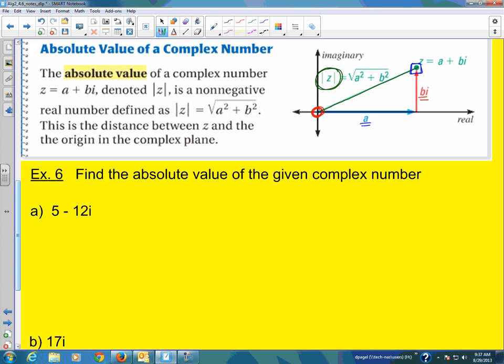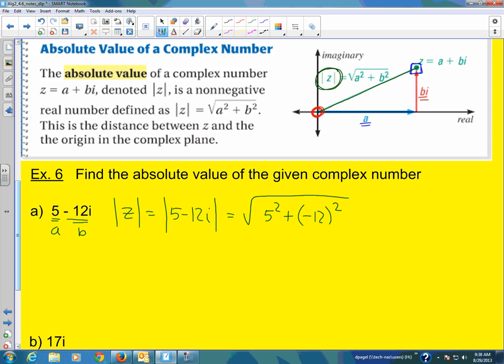So if we do that, and we identify the right parts, there's the a part, there's the b part, and we know that the absolute value of this number, which is the absolute value of 5 minus 12i, is equal to the square root of the real part squared plus the imaginary part squared.